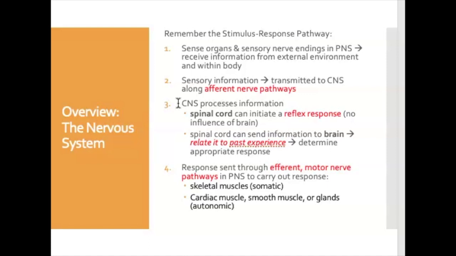Now, interestingly enough, sometimes the brain and the spinal cord are involved in this integration and response, and sometimes just the spinal cord is. The spinal cord can initiate a response without input from the brain under certain circumstances.